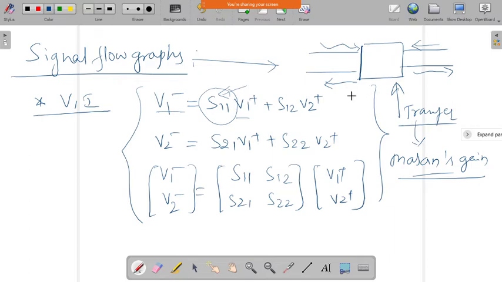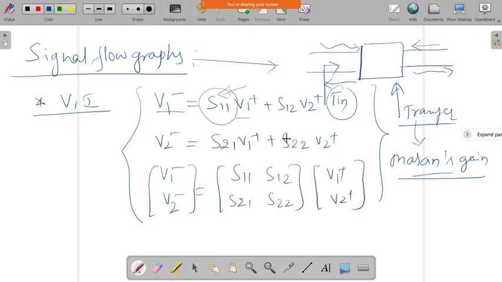Here also, for example, if I want to find the input reflection coefficient of the overall network, using the signal flow graph technique we can find the expression for gamma in terms of the variables. This is an easy and simpler method, and the reduction technique can solve different networks easily.